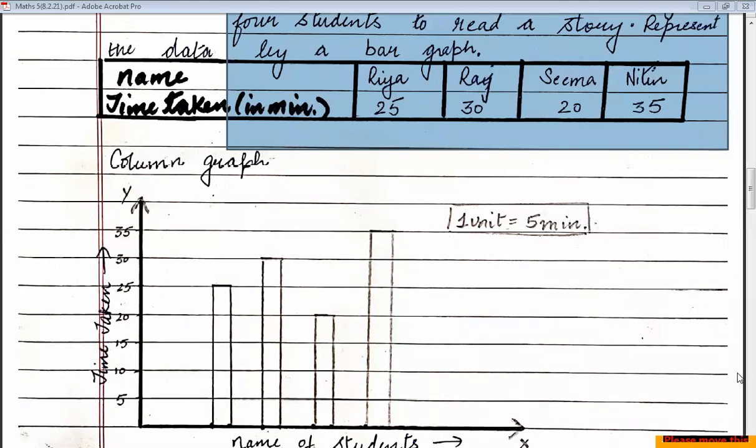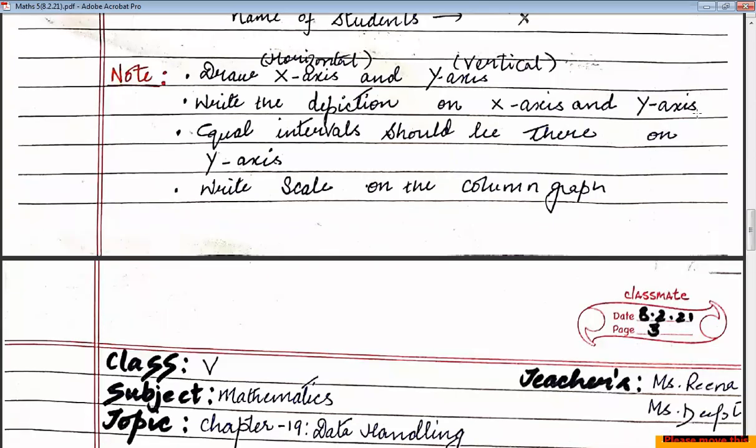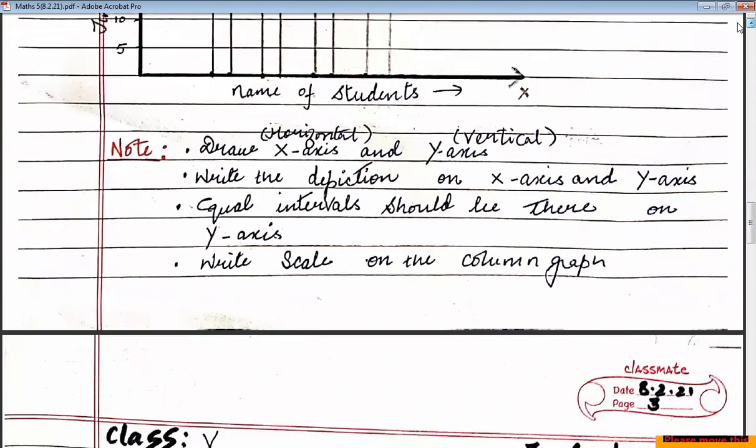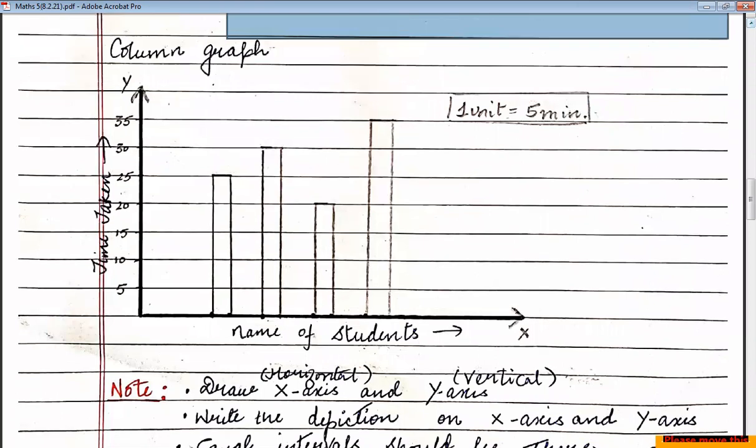Okay, so let me show you one more time: your x-axis is the name of the students, and on the y-axis you are showing how much time is taken by these students. So you have to mention them.